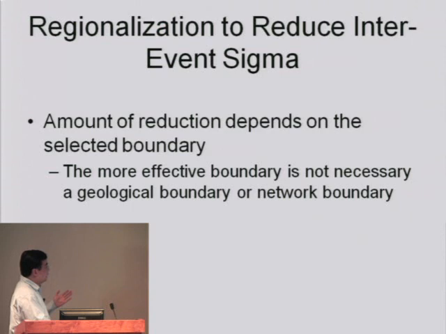And the best boundary may not be the geological boundary or even a network boundary. So the challenge in using regionalization as a way to reduce inter-event sigma is really in identifying the appropriate regional boundaries.